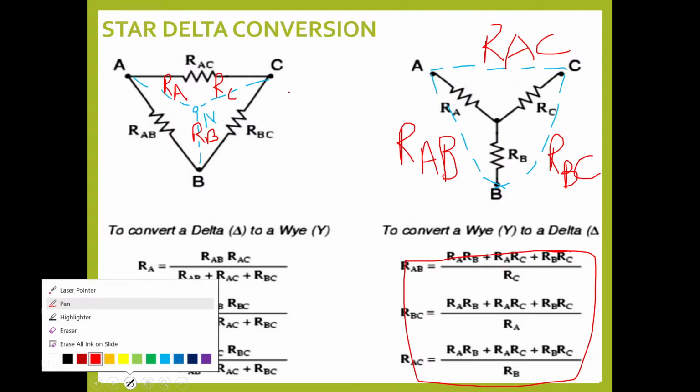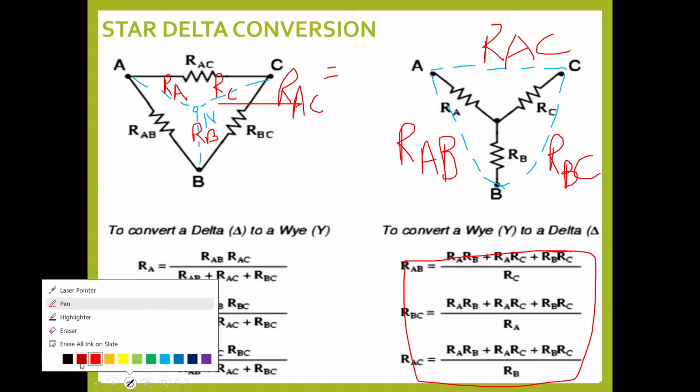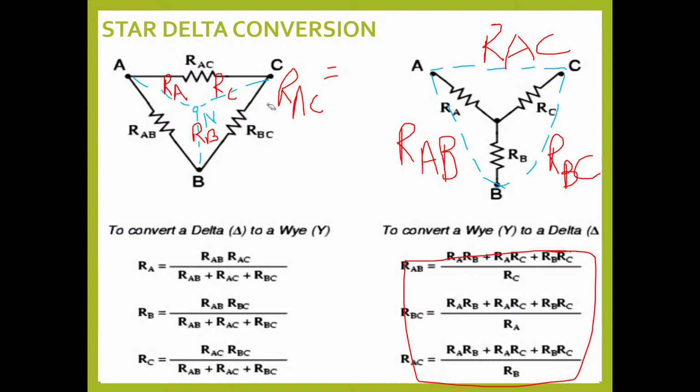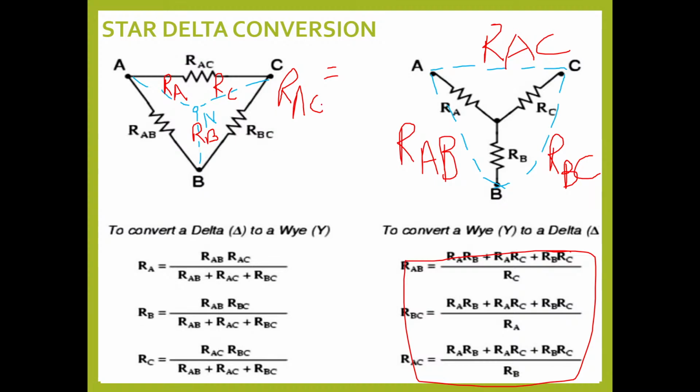So here, R A C. It is not even necessary for you to look into the diagram. In a star connected circuit, if you want to convert star into delta, this is RAC. So you can write RA plus RC, we can easily write it, isn't it? RA plus RC plus RA into RC.